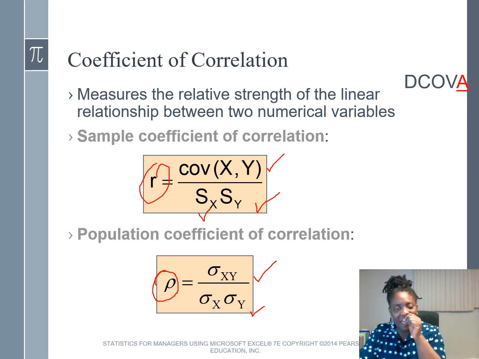The correlation is between -1 and +1, or minus 100% and plus 100%. But I want to use minus and plus 1. If it's negative, of course, you have a negative relationship. If it's positive, you have a positive relationship. 0 is no relationship. The larger the absolute value of the correlation, the stronger the relationship between the two variables.